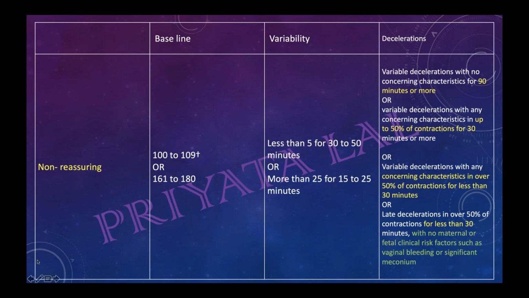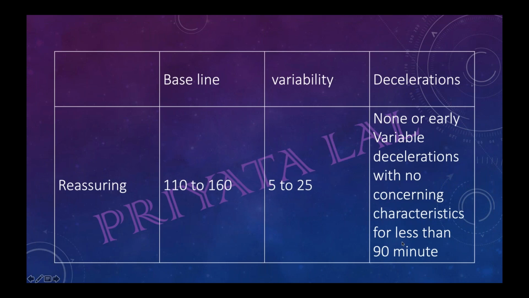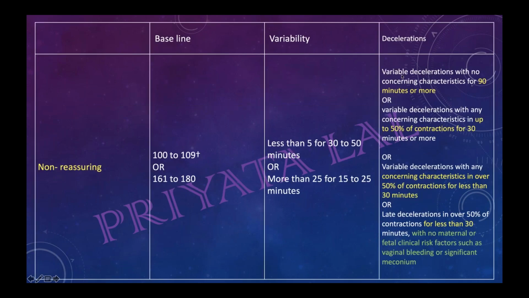We have just read reassuring: if they were for less than 90 minutes, we were happy with it. But if variable decelerations are there, they have got no feature, and they are for more than 90 minutes, then you will take this as a feature. Okay, this is number one.